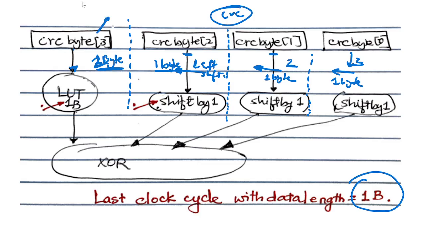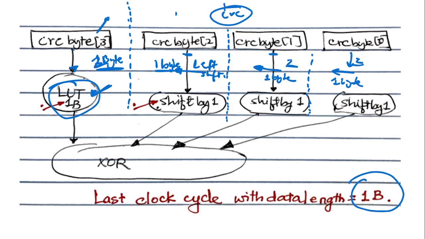But if there are less than 4 bytes, then you basically have to right shift, and not everything evolves, so you cannot use lookup tables, right? You only use lookup tables if the last clock cycle has 4 bytes or more. Then everything gets a lookup table.